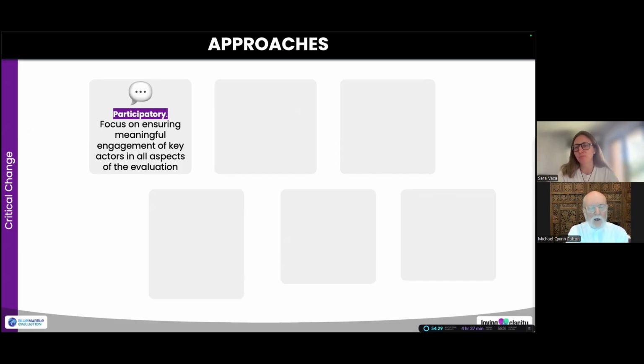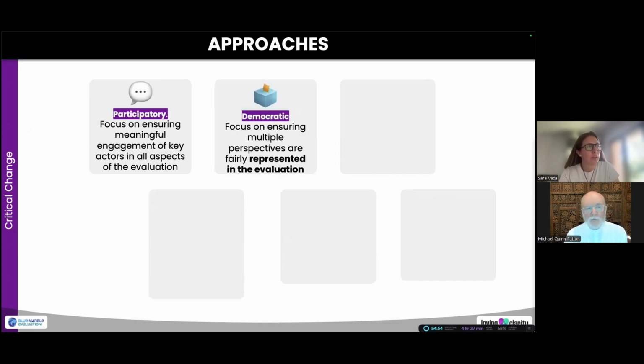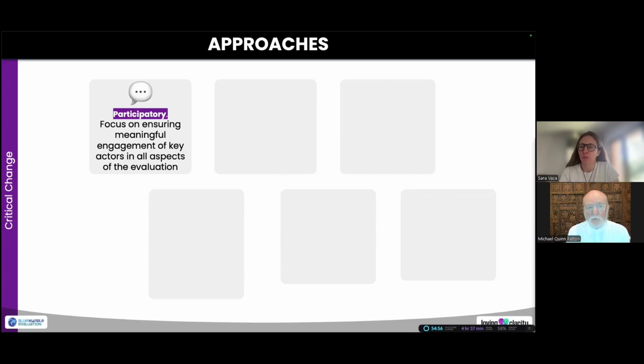Participatory is actually engaging the key actors in the evaluation, and that participation has an effect upon them, but the focus of participatory is that it's more credible because it's having the participants engage in the evaluation to tell their story. And the evaluation then first and foremost has to be credible to the participants.